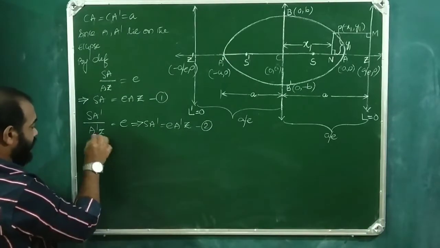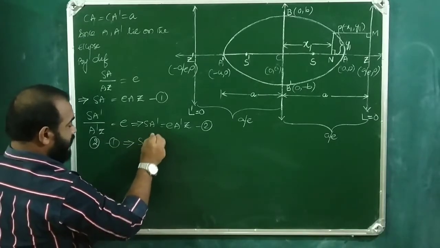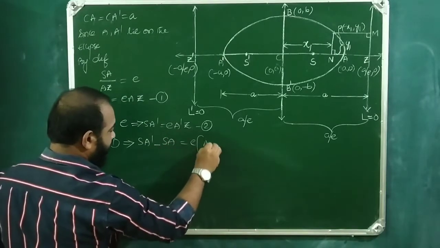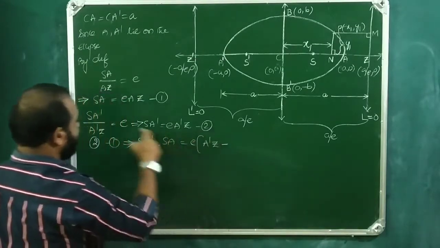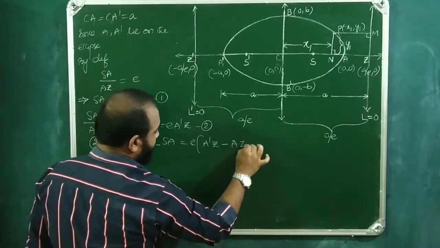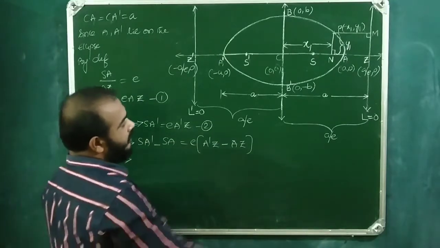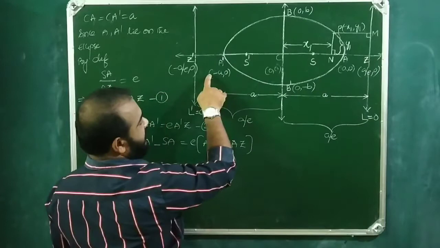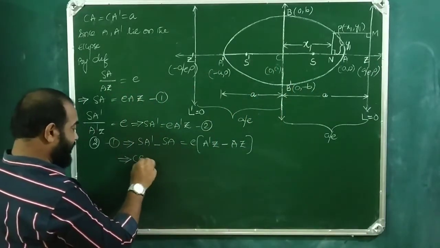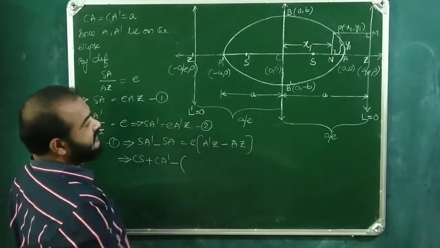2 minus 1 gives rise to SA dash minus SA is equal to e into A dash Z minus AZ. Take e in common. SA dash can be written as CS plus CA dash, minus SA.